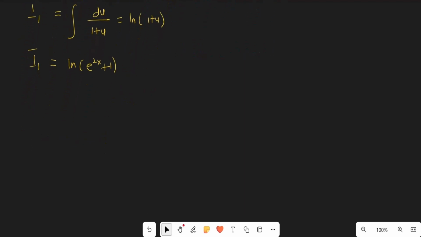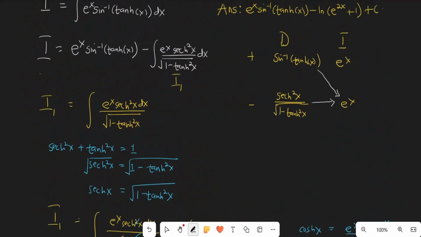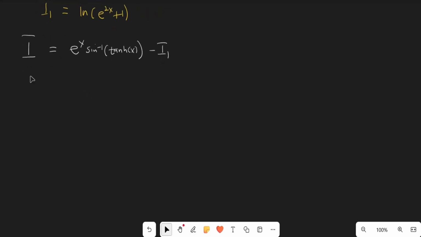So this is I1. Now that we have I1, we can go back to I, and then we'll wrap up the integral. So I is this guy minus I1. So I is equal to e to the x, and then we have the sine inverse of the tan hyperbolic function of x minus I1, where I1 is the ln of e to the 2x plus 1.